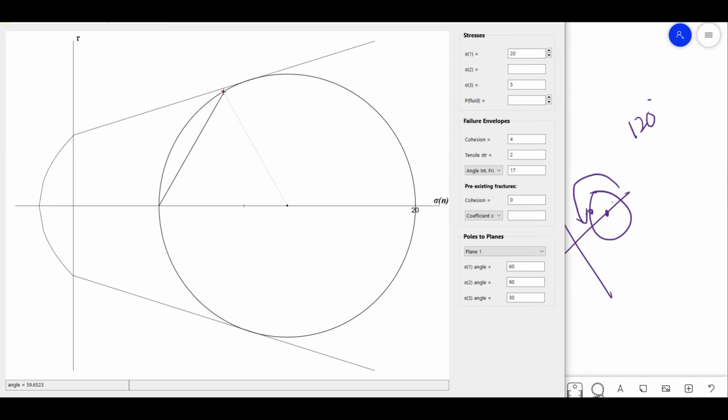You can see in the bottom left of the image that it is 60 degree. So either we measure an angle of 60 degree in a clockwise manner from the sigma 3 direction, or we measure an angle of 120 degree with respect to the center in an anticlockwise direction.